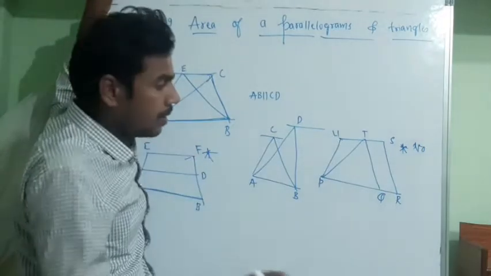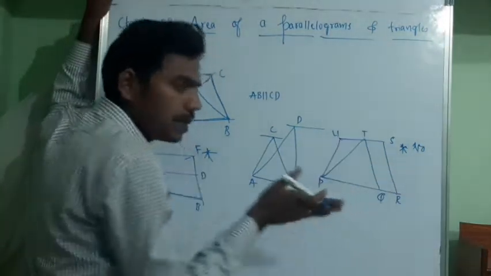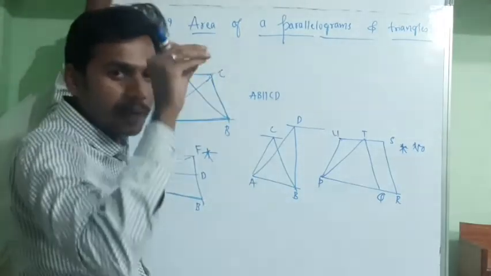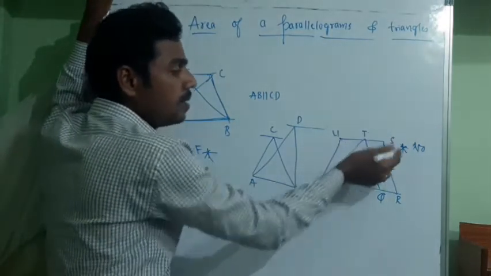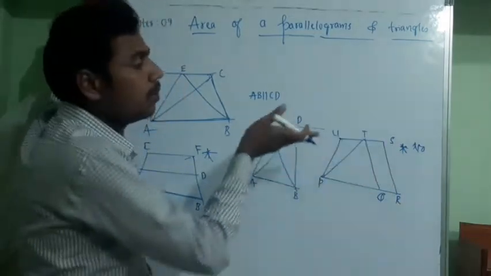For all the polygons, the base should be common. There should be only one base, or the base should be common. And the vertices which are opposite to the common base should be collinear.